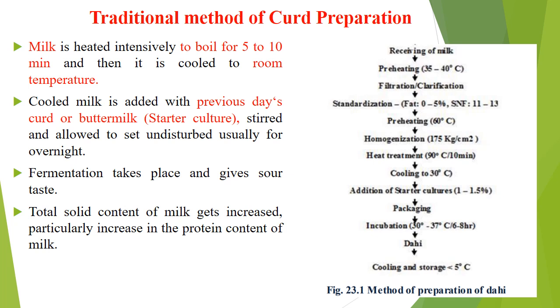After 6 to 8 hours, the milk proteins are coagulated and formed as curd, and then the curd is stored at 5 degrees Celsius. So this is about the method of curd preparation.